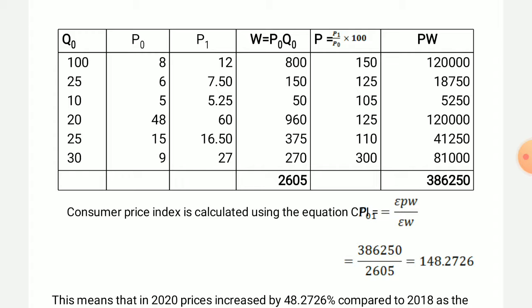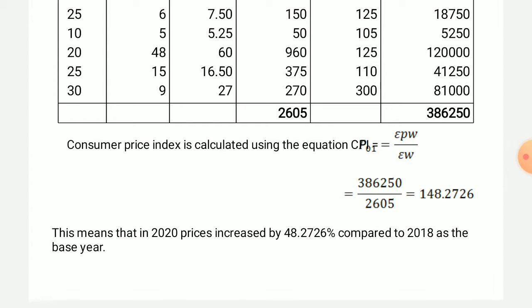Therefore, the consumer price index number can be calculated using the equation CPI, Consumer Price Index, is equal to sigma PW by sigma W. Sigma PW 3,86,250 by sigma W 2,605 is equal to 148.2726.